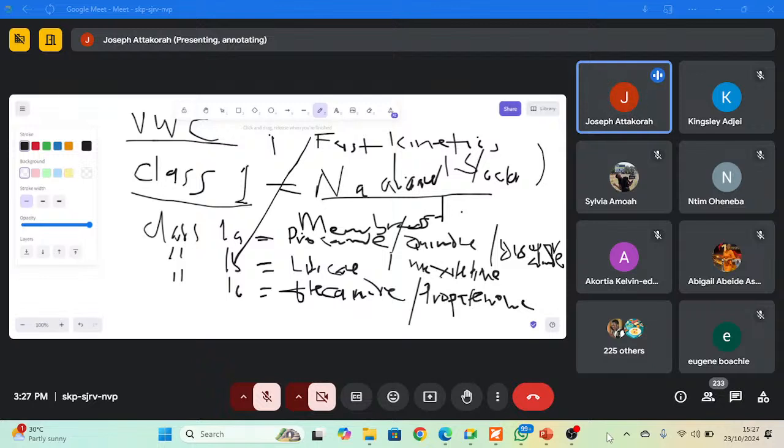Class 1B has fast kinetics. It means that it's not able to maintain that blockade. Quickly we have a blockade and quickly release that blockade. It's seconds, and because of this, you won't be seeing the effect on the ECG. The effect will not be seen because it's fast.